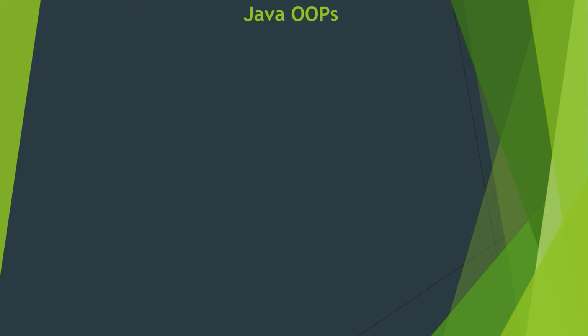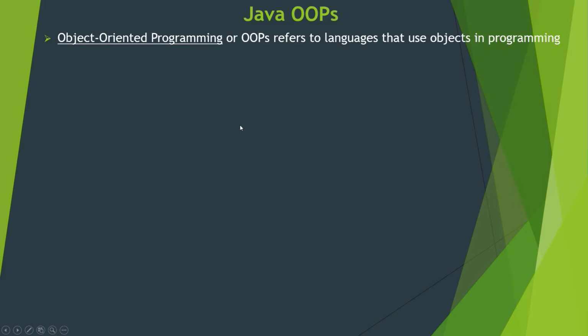From now onwards, the topics will be interesting because we will be covering core concepts of Java. So till now, what we have covered is Java basics. Let's start with core concepts of Java. For the first core concept, object oriented programming, short form is OOPS, refers to languages that use objects in programming.